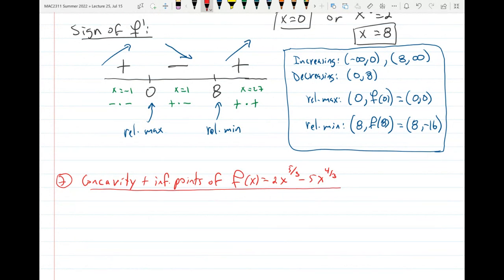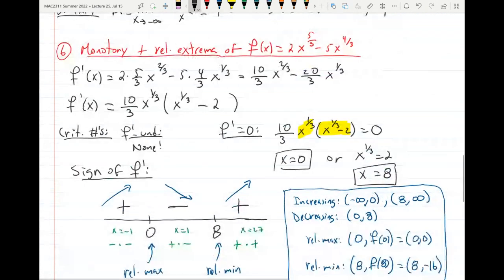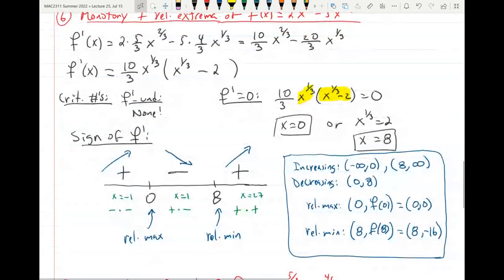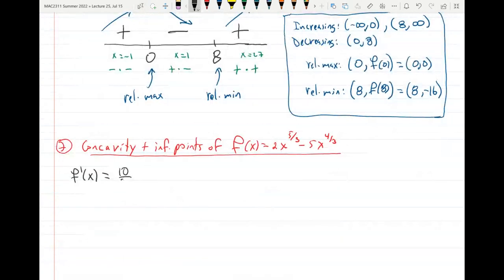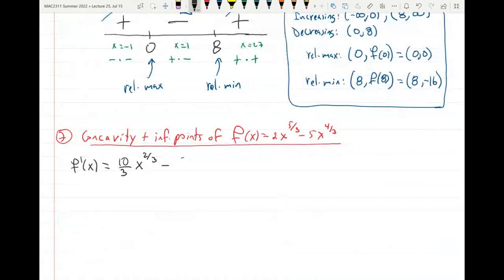Now we know this data lies in the second derivative, but to get to the second derivative, remember we need to first find the first derivative. We already have that from the previous step, so let's copy that. Now here, it's not good to write down the factored version, because then you either distribute or you have to do the product rule. So might as well use the non-factored version, which is the one that we have above. So I'm going to use that one: 10 over 3 times x to the 2 over 3 minus 20 over 3 times x to the 1 over 3.